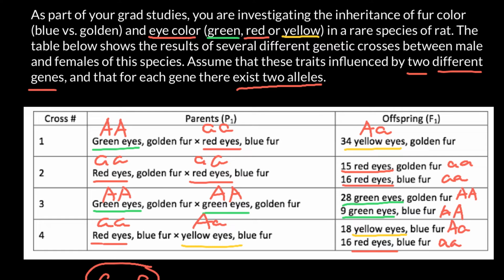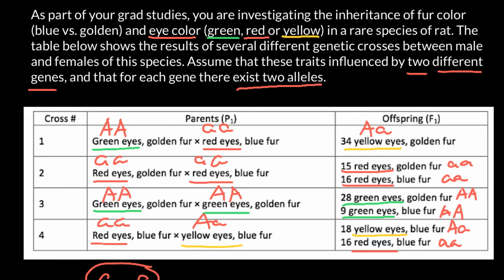Unlike in the first example, where two alleles produce three phenotypes, here two alleles produce two phenotypes. So basically we have simple Mendelian genetics, where one allele is dominant over the other allele.